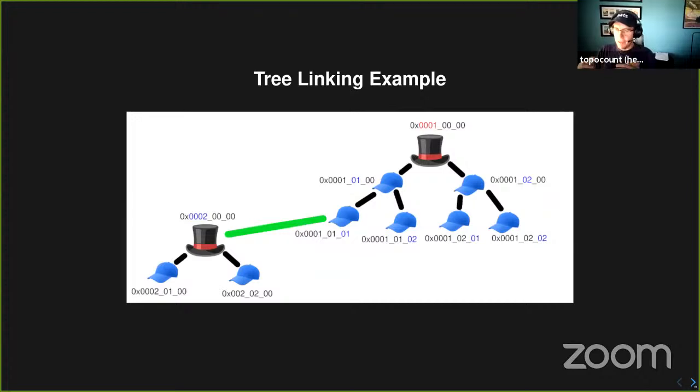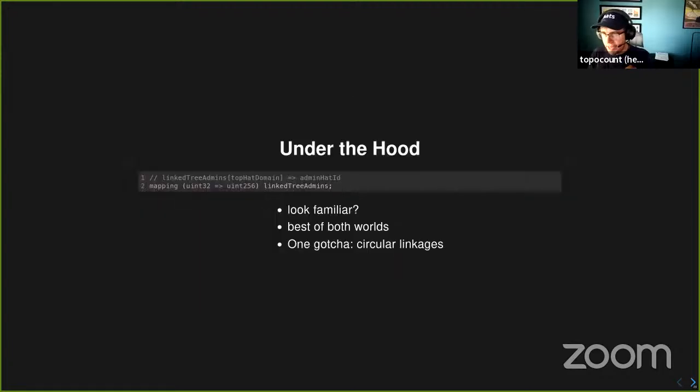That's because it's still considered a root hat, since it's the root of that tree, but it no longer has top hat super admin powers. It is now beholden to hat 1.1.1. So it's a storage bound link.